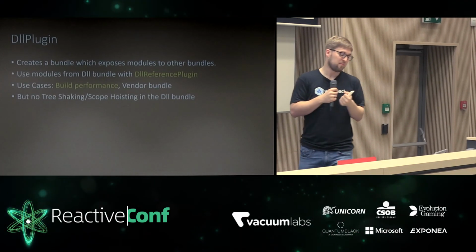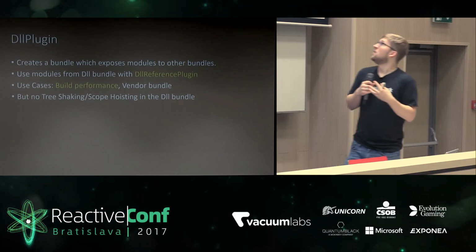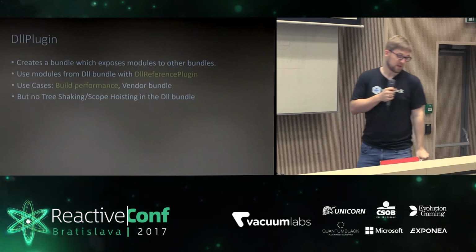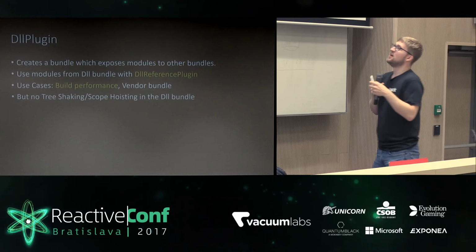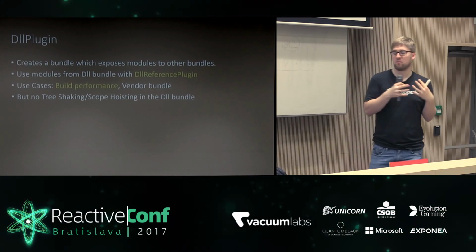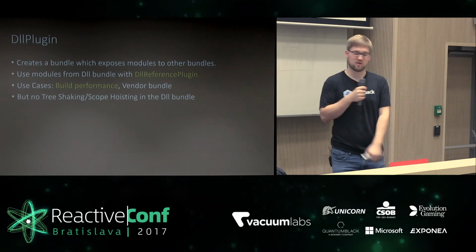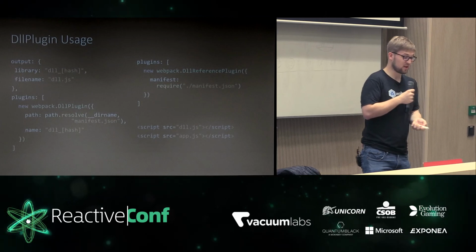It's great for build performance, and you can do render bundles with this idea, but there are disadvantages. You get no tree shaking, no scope hoisting in the DLL bundle because every module has to be exposed to the application bundle.